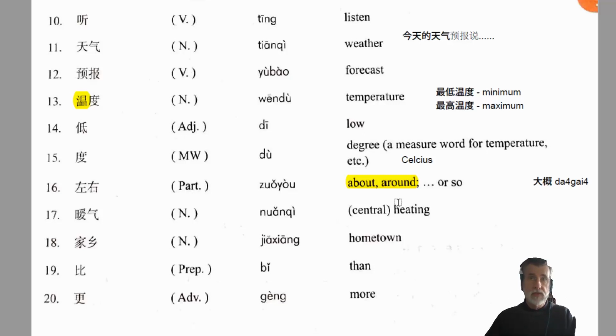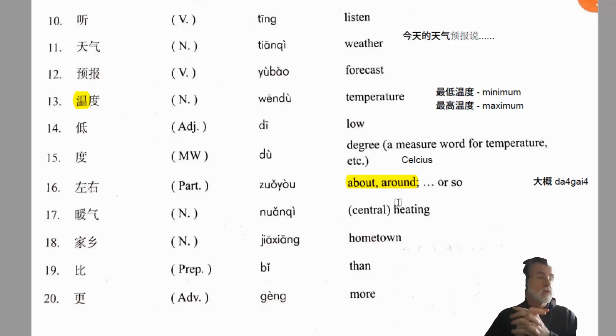So you might say 今天的温度大概15度. If you use this new expression, you would say 今天的温度15度左右. So it comes after the quantity, the time, the age that it's modifying. It's an interesting term if you think about it. When it means around a particular number, it literally means it's to the left or to the right of that number.